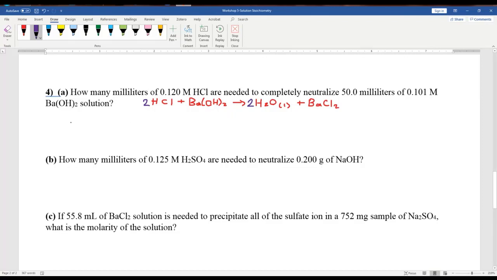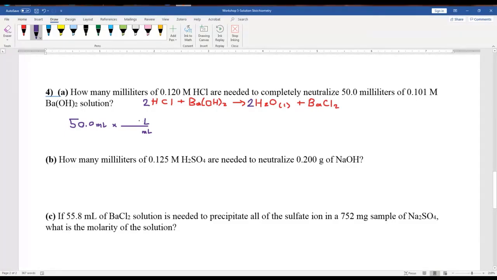We have 50 milliliters, and milliliters gets converted to, what am I going to have to convert milliliters to? Liters. Yeah, because remember, molarity is moles per liter, right?